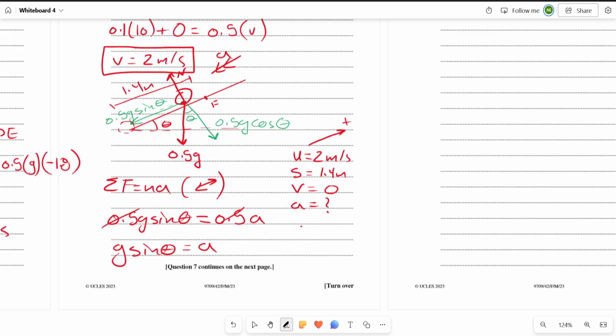So the equation that doesn't have time is v squared equals u squared plus 2as. So v is 0 equals u squared, so 2 squared, plus 2 times acceleration times displacement, which is 1.4. So negative 4 equals 2 times 1.4 is 2.8, is it?